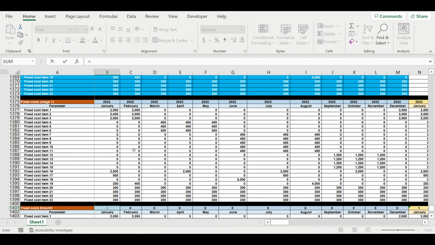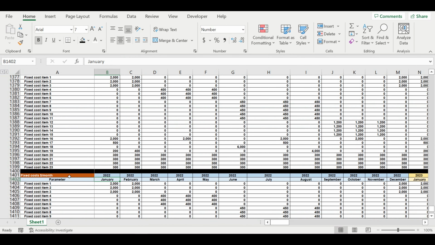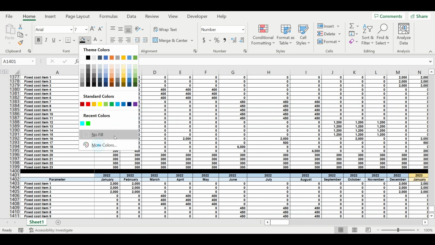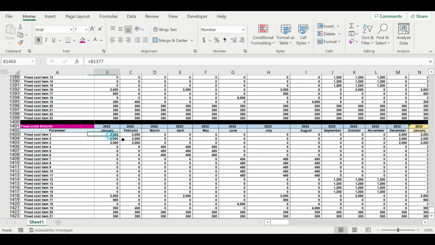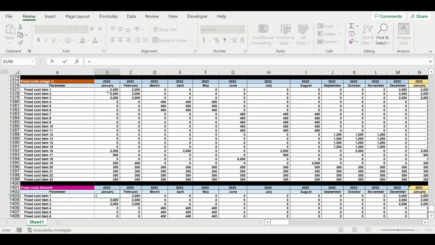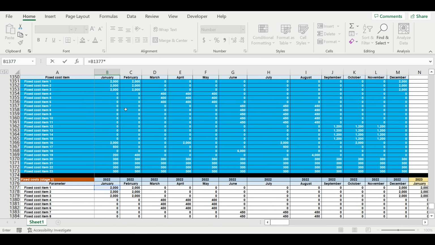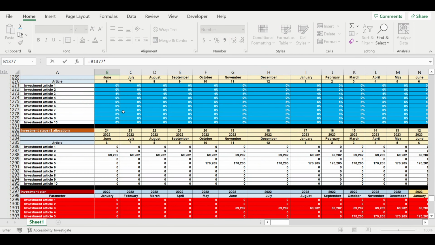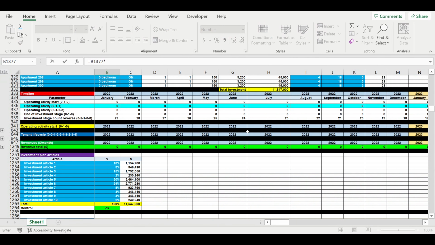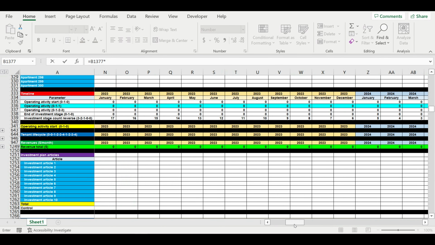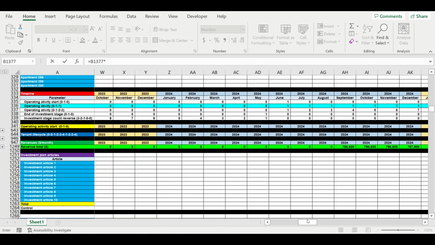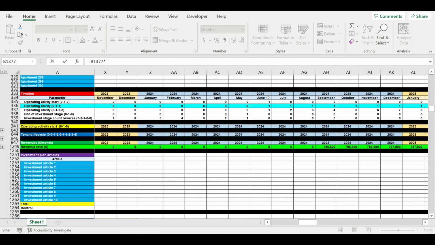I will take these values and multiply them by the line where we have 0 when we don't have operating activity and 1 when we do have operating activity. So 0 means that we don't have fixed expenses at this moment, and 1 means that we do have expenses because we have an operating activity starting from June 2024.